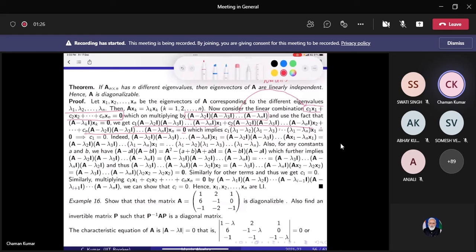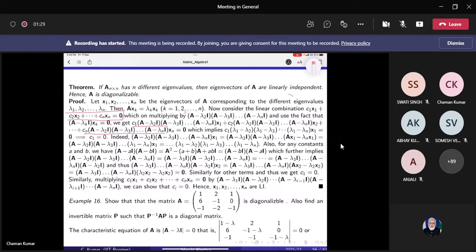Now look at each term in this expression. So the first term in this expression is this one.